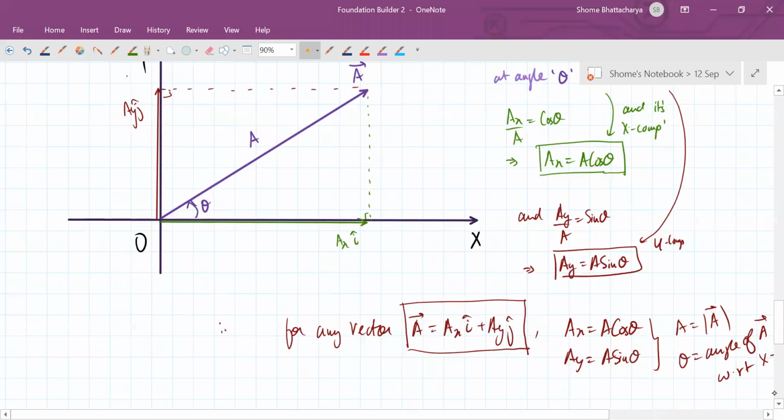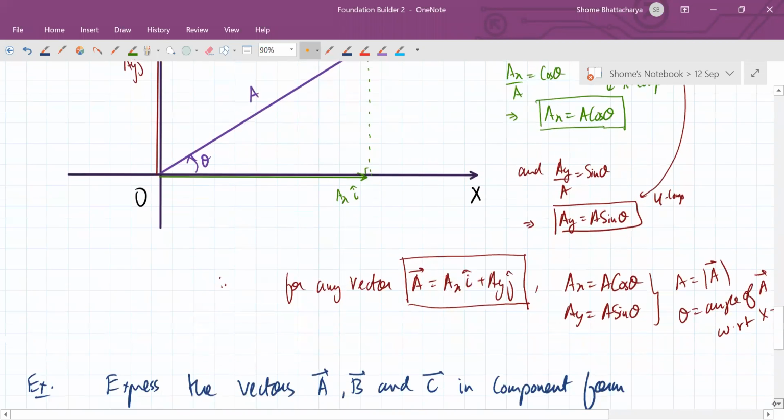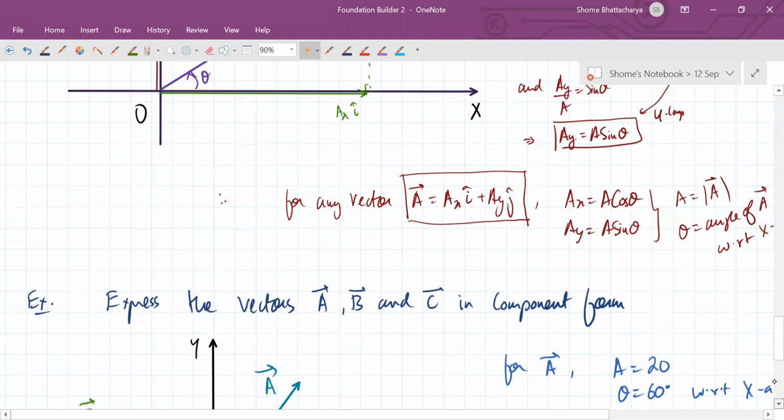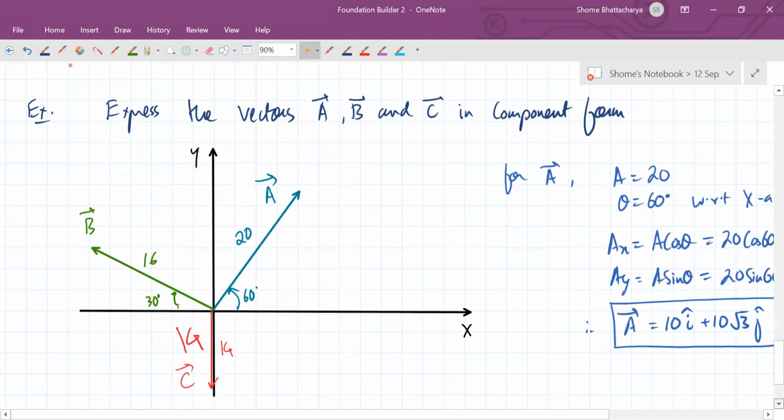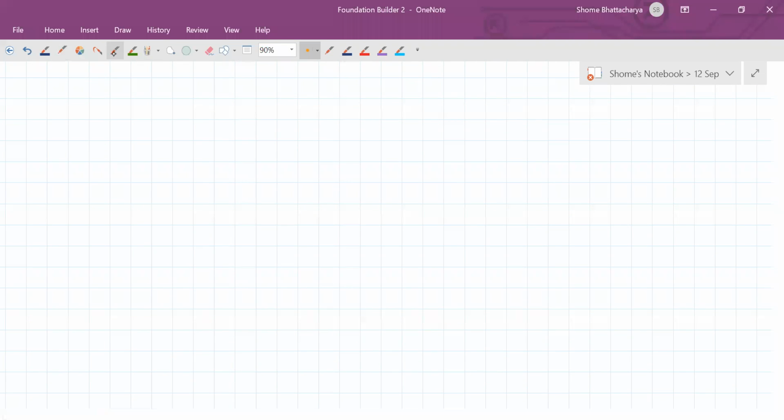Okay, so let's check out the other two now. So we have to be a little bit careful when we are understanding these two other vectors.